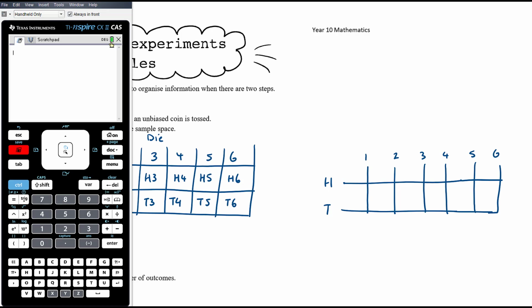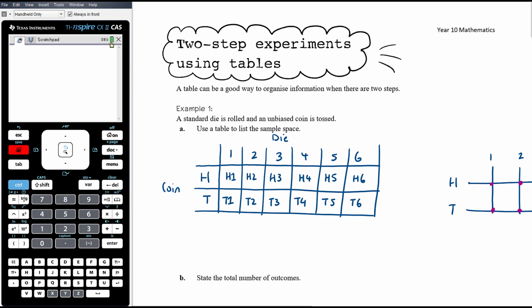And each of the nodes or the intersections in our lattice represents an outcome. So it's a way where you can easily count the outcomes. You can still list them out easily because they're not complex: tail 1, tail 2, tail 3, etc. So a lattice diagram can be an option too.